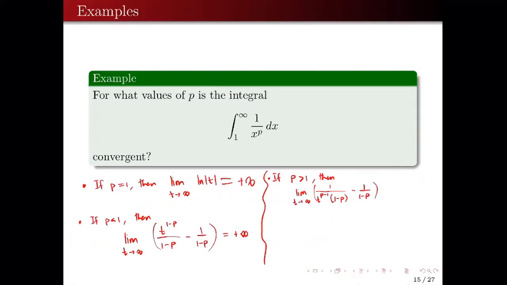P greater than 1, so p minus 1 will be positive. Therefore, the t raised to p minus 1 will remain in the denominator. So the denominator will go large, it will go to plus infinity. Then this whole fraction here will go to 0. And therefore, the limit here is just negative 1 over 1 minus p.